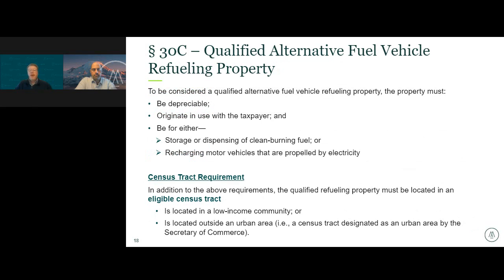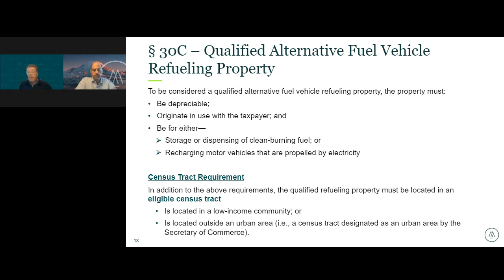The other thing that is important to all of this, I'm going to sort of talk about the fact that this equipment needs to be placed in certain specific areas. Ben had talked about the mapping tool that's available for other things around energy communities and whatnot. But what's important about the refueling property is that it has to be within a specific census tract. So it needs to be located either in a low-income community or it's located outside of an urban area.